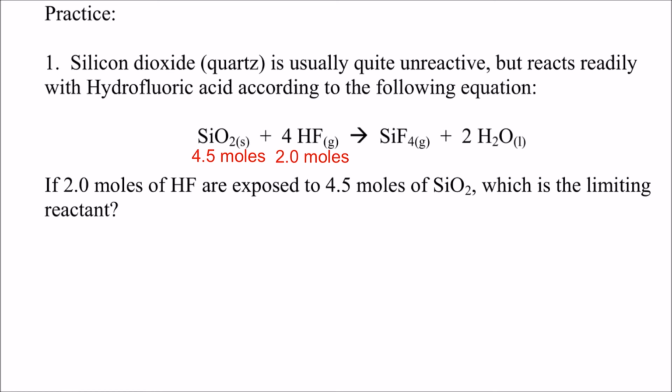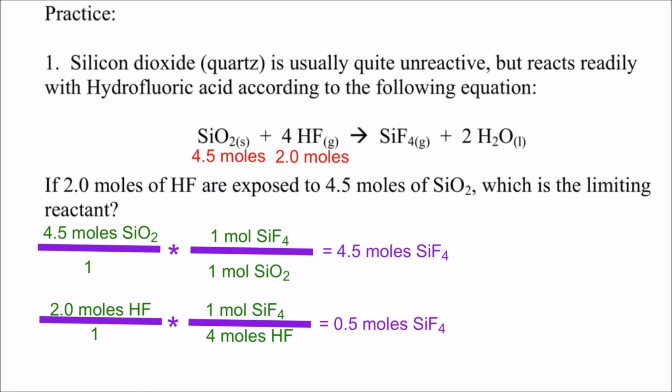Alright, so let's go through the calculations, starting with the silicon dioxide. Okay, so here's our calculations, once with the silicon dioxide as the starting material, and once with the hydrofluoric acid as our starting material.